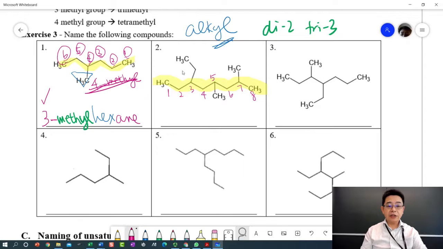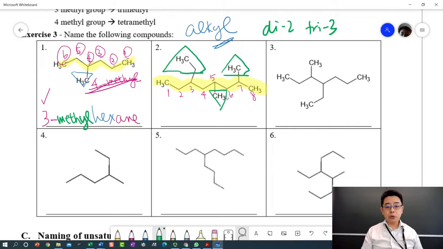Okay, then identify the side chain. I put a circle again. Circle, a triangle. So, triangle to represent the side chain. You can do the same when you are working out the question in a public exam.